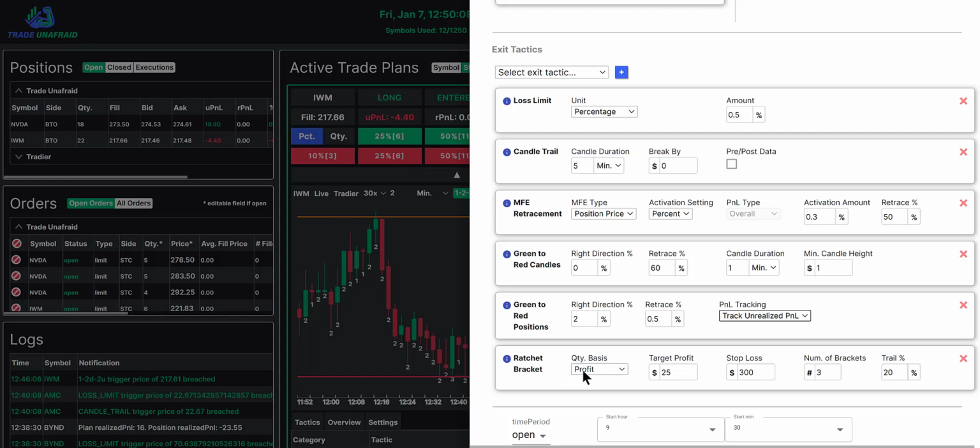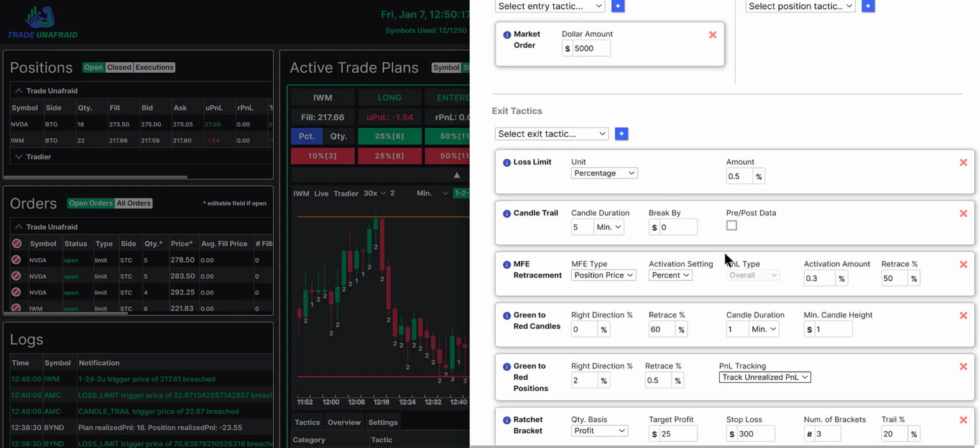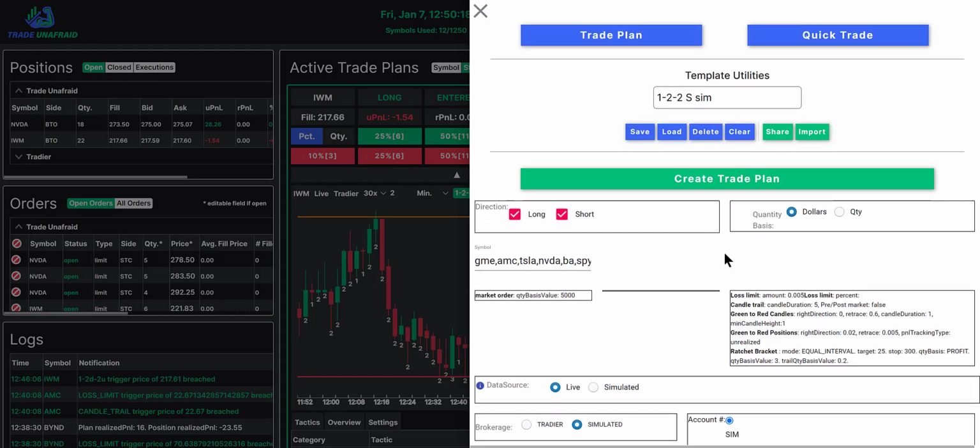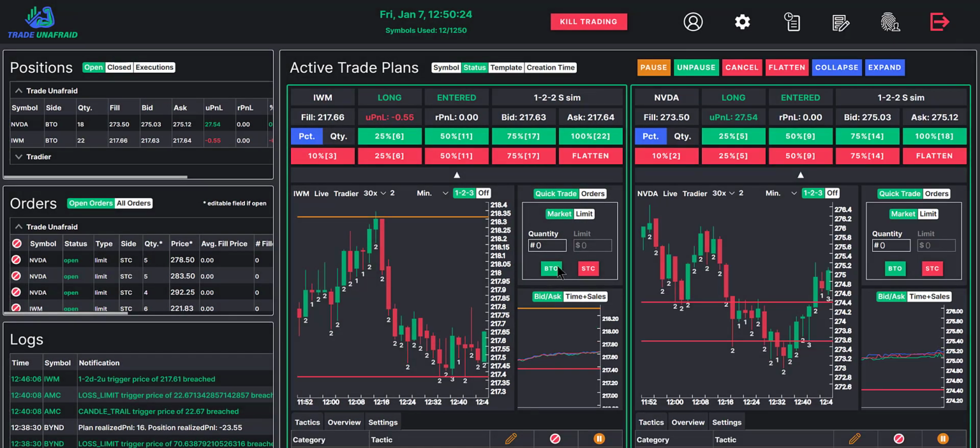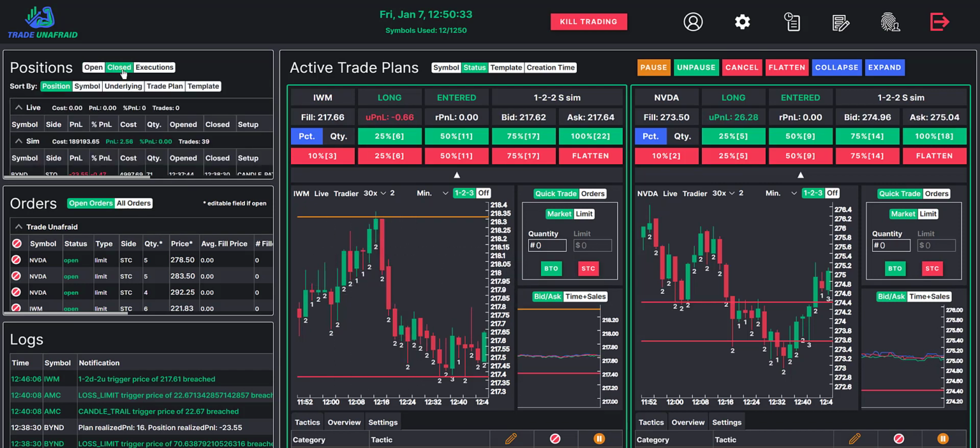And then there's ratchet brackets, which is a way to put targets out there periodically. I won't go into this now, but anyway, all of this goes together to make a very specific, detailed trade plan, and these have been running for a few hours. I'm not saying this is the ideal setup or the ideal exits, but it's what I'm working on right now.